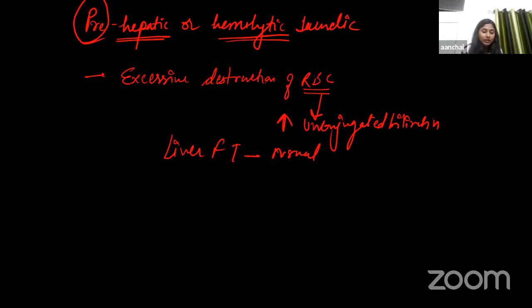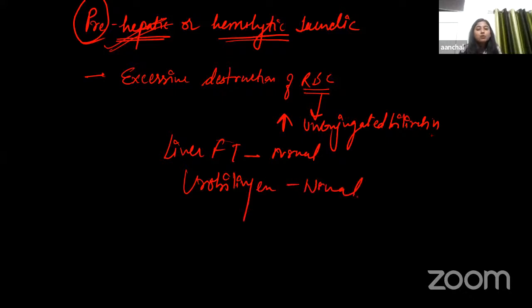So it gets accumulated inside the blood and results in jaundice condition. So in this case, the LFT will be normal, all the function of liver will be normal, the urobilinogen will be normal. So all things will be normal, but there will be accumulation of unconjugated bilirubin, which will be elevated.